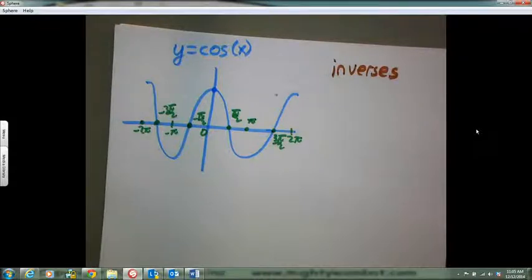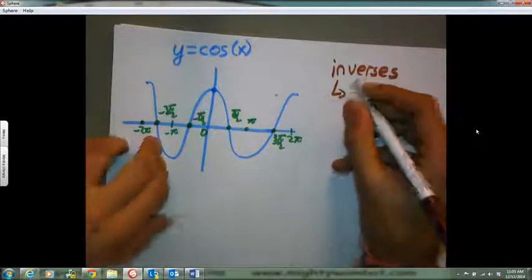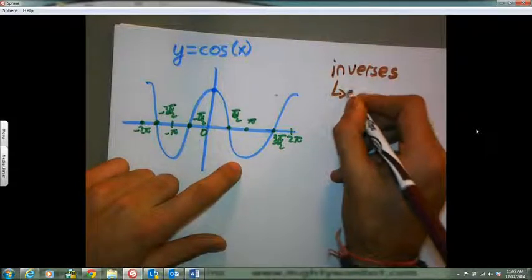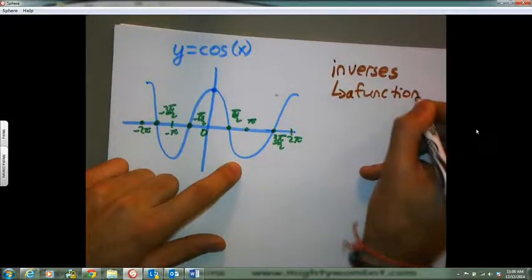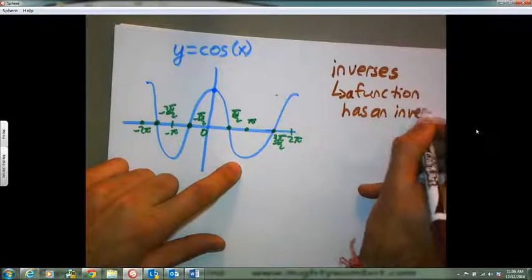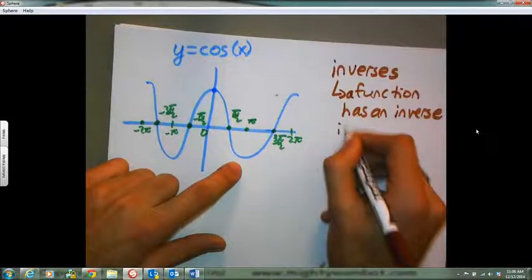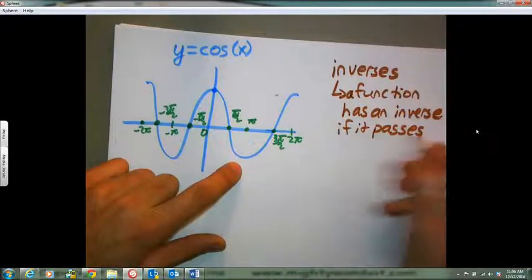And there were two important properties we talked about. So the first one was, a function has an inverse if it passes the horizontal line test.